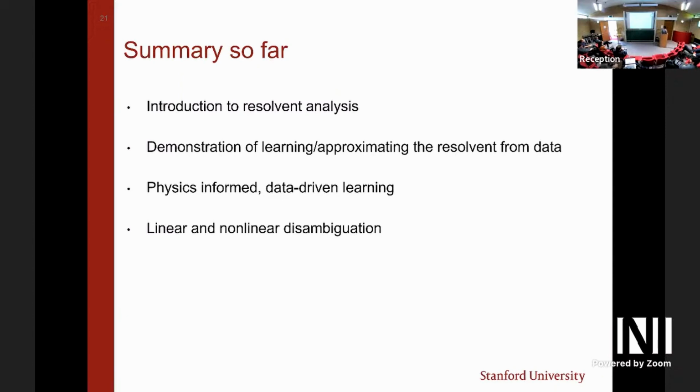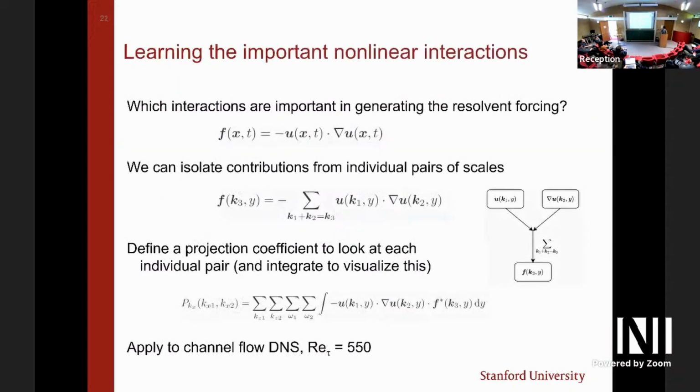So we learned the linear resolvent, told you about a physics-informed variation on DMD, and then how to learn when we disambiguate linear and nonlinear terms. So we're forcing it into this particular learning structure. With my remaining time, I want to tell you a little bit about why we're so keen on this approach.